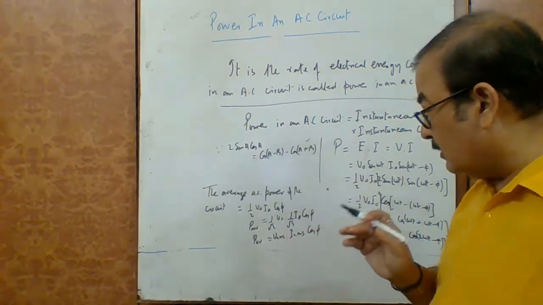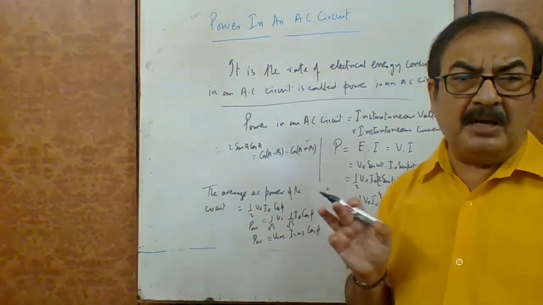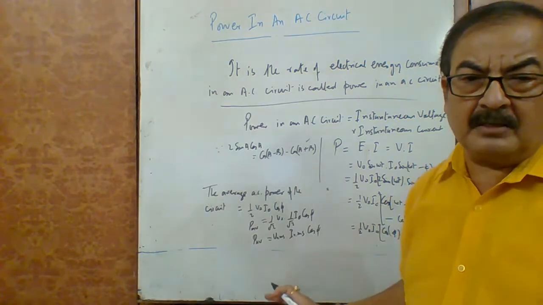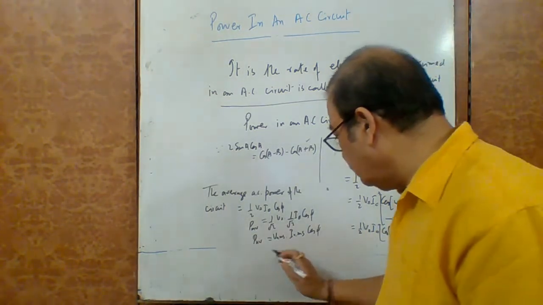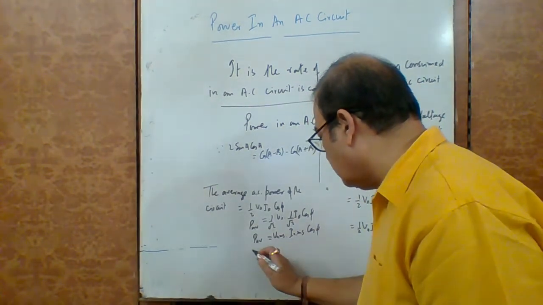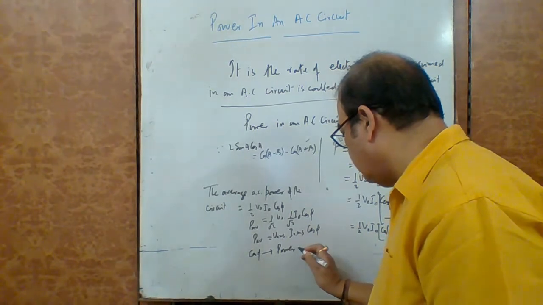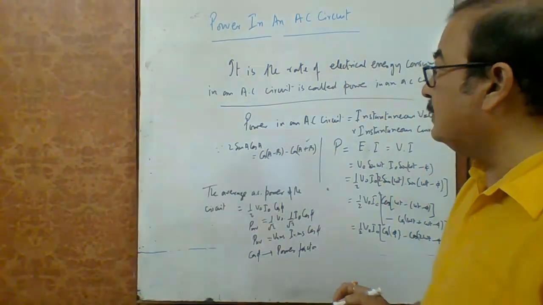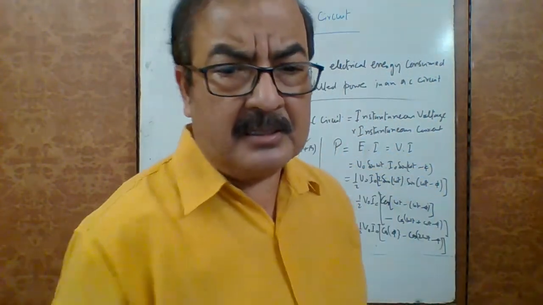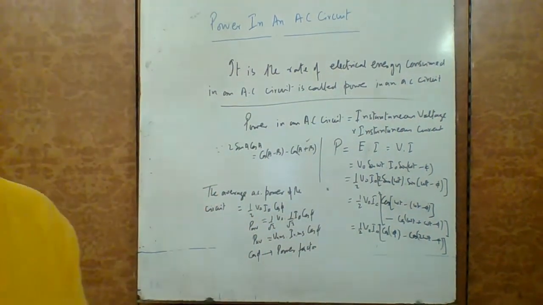पावर फैक्टर का डिटेल्स जो है सिलेबस के बाहर हो गया न्यू सिलेबस में. तो we have to know only this: cos phi is nothing but your power factor. तो इस तरीके से हमने देख लिया कि how we determine this one.